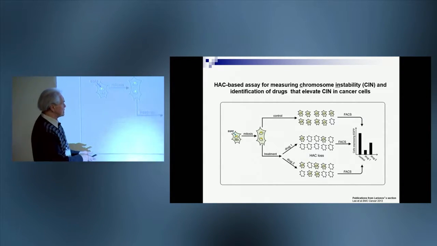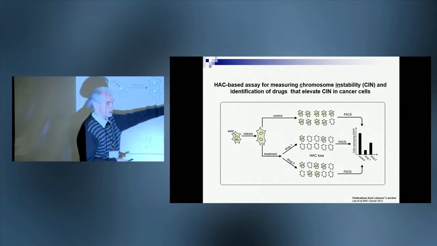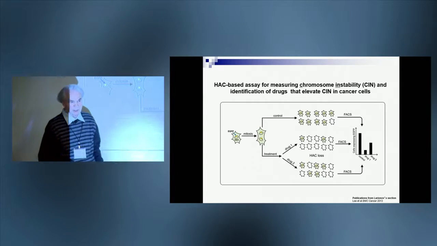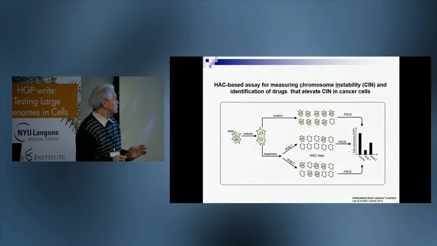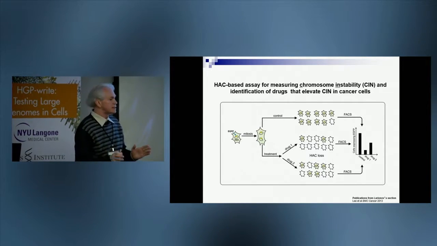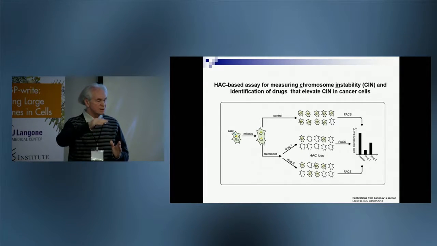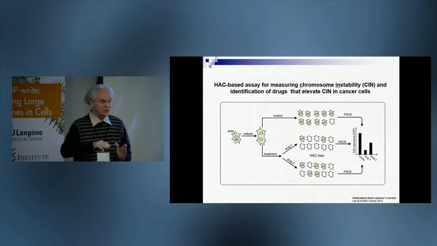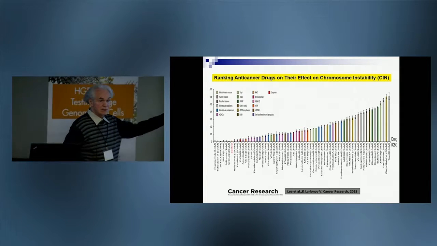This system was developed to check drugs which affect chromosome instability. Why is it important? Because right now, chromosome instability is recognized as a major target for cancer therapy. We have to increase chromosome instability in cancer cells in order to kill specifically cancer cells. We did such a screen using our test.